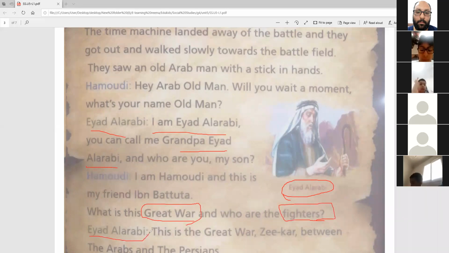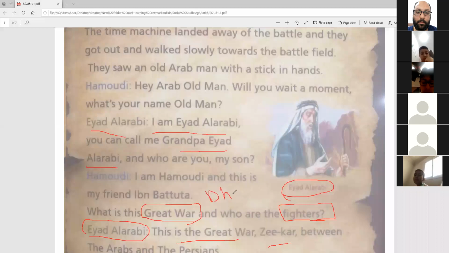Iyad al-Arabi, the grandpa, the old man, answered, "This is the great war, Dhi Qar, between the Arabs and the Persians." You can also find it written like that on some websites, Dhi Qar or Zikar.